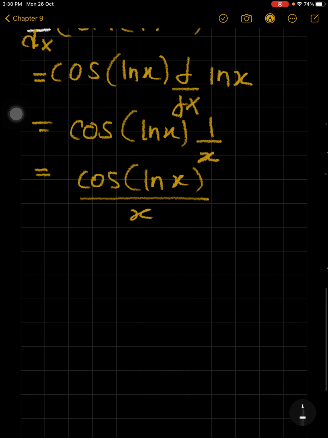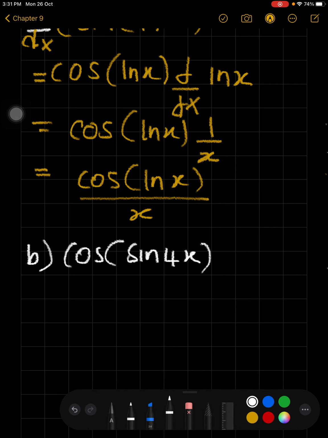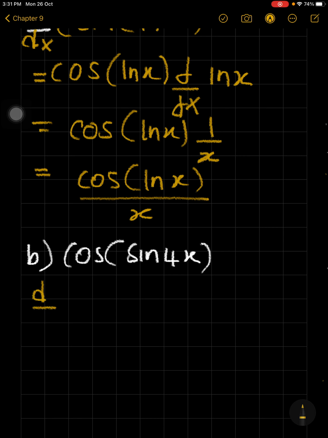Okay, next question B, cos sin 4x. Okay, so when we do the differentiation, d/dx cos sin 4x.